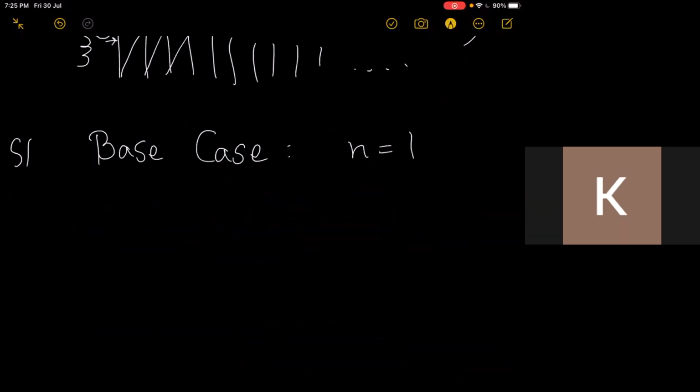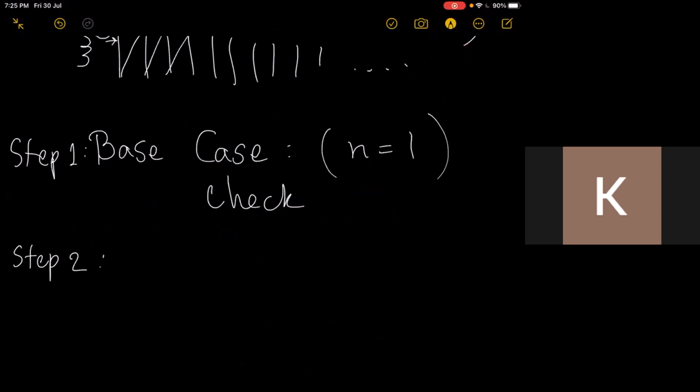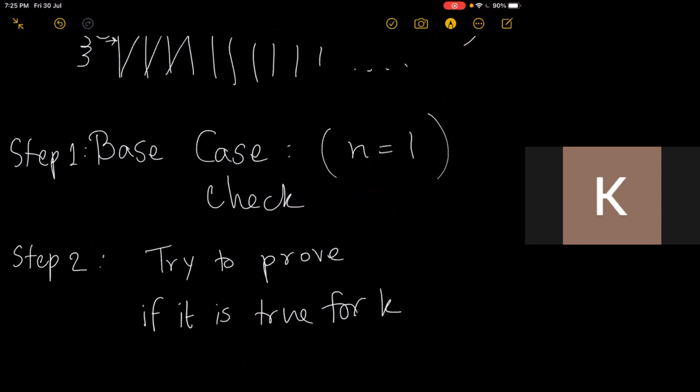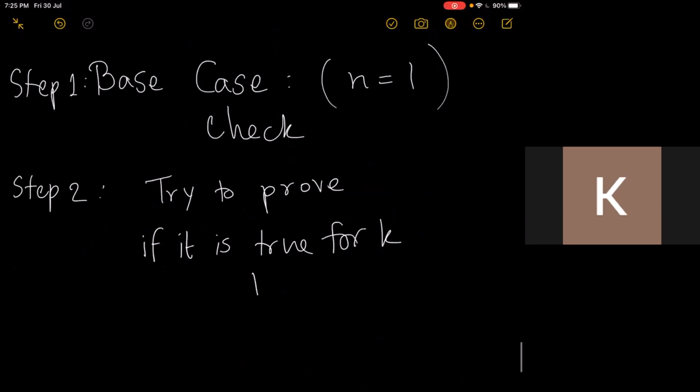Okay, let me write. Step 1, base case check. Step 2, try to prove if it is true for k, that implies it is true for k plus 1.